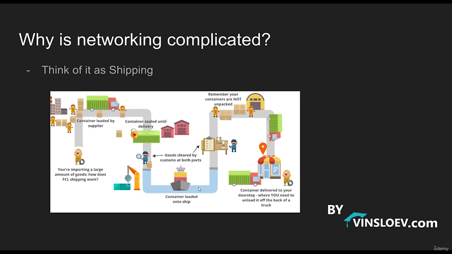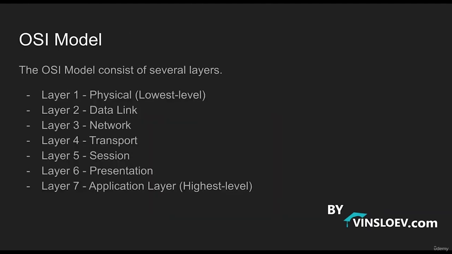Whenever we are doing something online, there are a lot of steps happening behind the scenes, and that can be broken down into the OSI model, which we are going to talk about in this lecture. The OSI model is the network model that defines all the aspects that happen when we communicate over a network, and it consists of 7 layers.